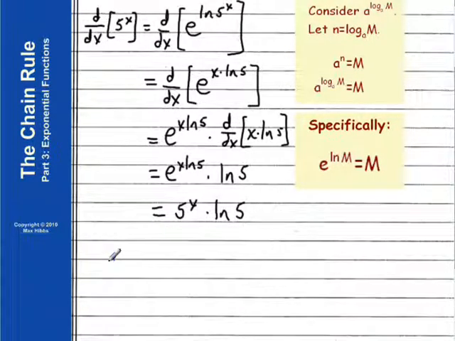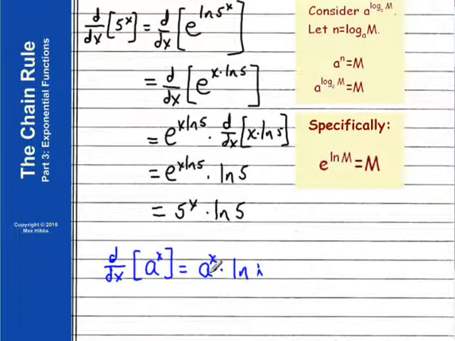If we have the derivative of some constant, in this case not necessarily a 5, any constant, to the x power, then the result will be that same constant to that same power, but then times the natural log of the base, this constant right here. And that kind of summarizes it.